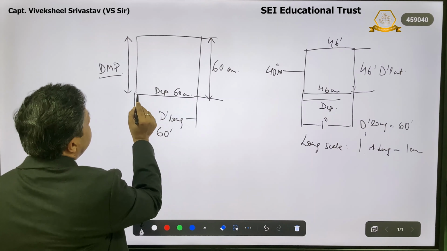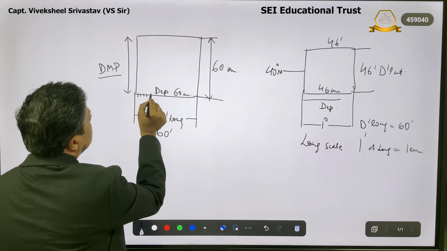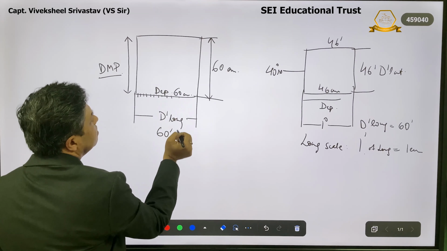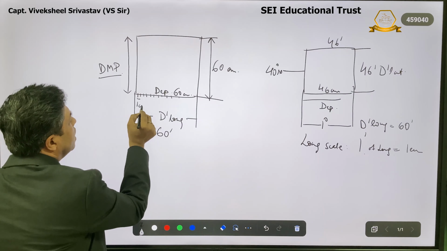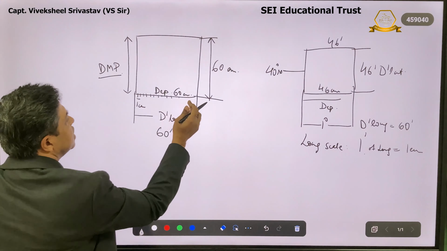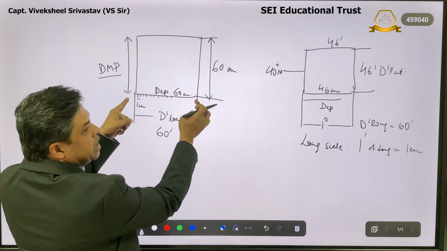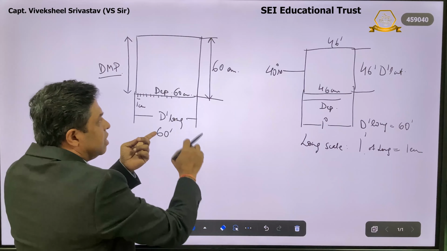So if I depict 60 minutes over here, I will make 60 lines, each unit being 1 centimeter. Now this distance on the chart is 60 centimeters. This is also 60 centimeters.